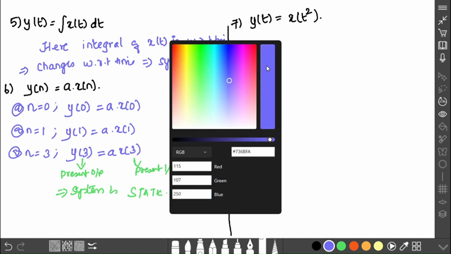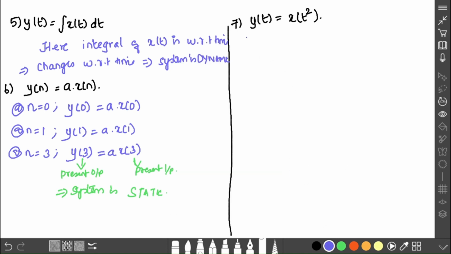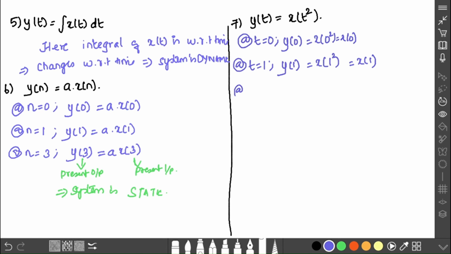So the next case, y of t is equal to x of t square. Now identify at t equal to 0. What will be y of 0? It is x of 0. There is no change. And for t equal to 1, y of 1 is x of 1, here also there is no change. So after two cases you might say it is static.